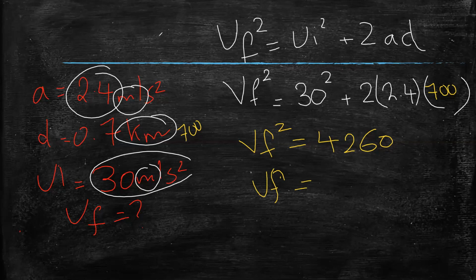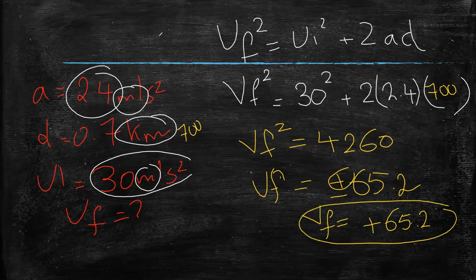You take the square root of the answer, which could be positive or negative 65.2. Now, can the velocity be negative? No, so I only pick the positive number. Can you find a negative velocity on the speedometer of a car? No, it starts from zero, so it's positive.